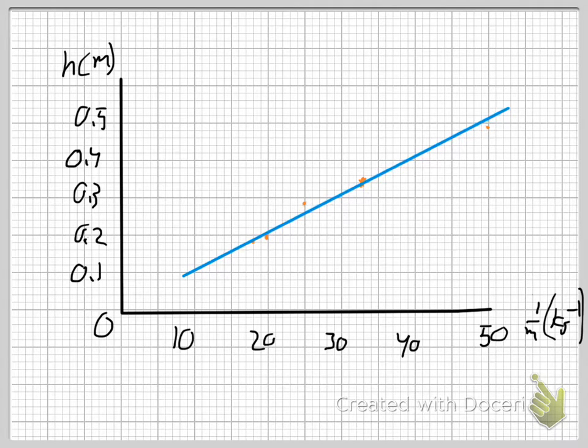I think this is okay. It's challenging on here, but for the most part, this fits our data pretty well. My point there is kind of a mess, but we'll take this with a grain of salt. For the most part, this is a linear relationship.